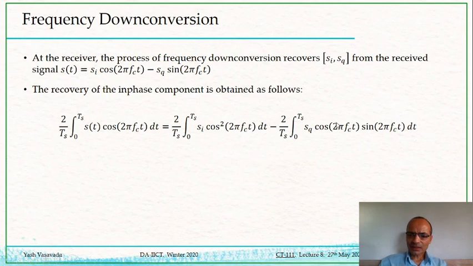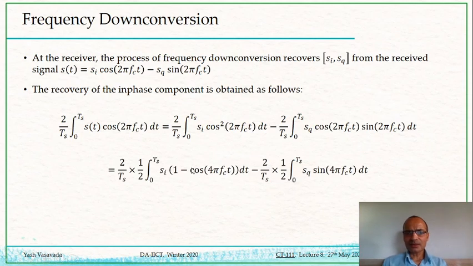But this equation, I can write it as this, where I have used the trigonometric identities. Cos square is 1/2 of 1 minus cosine of 2 times theta. And cos theta sine theta is 1/2 of sine 2 theta. So the second line I have obtained from this first line by using those trigonometry identities.